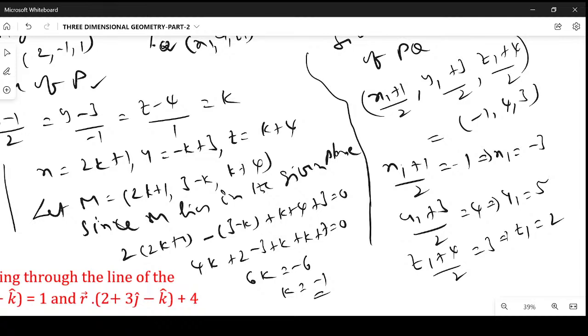Therefore, the required image is equal to minus 3, 5, comma 2.